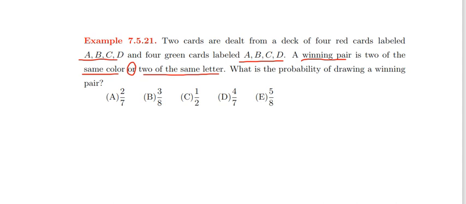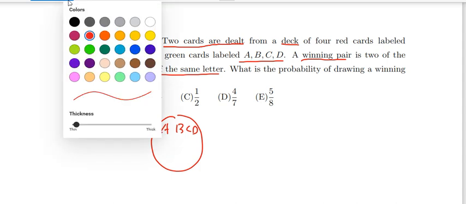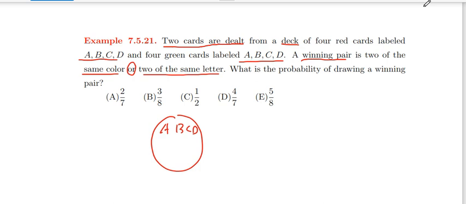Okay, so let's say 2 cards are dealt from this deck. This deck has 4 red cards A, B, C, D, and we have those A, B, C, D in green.